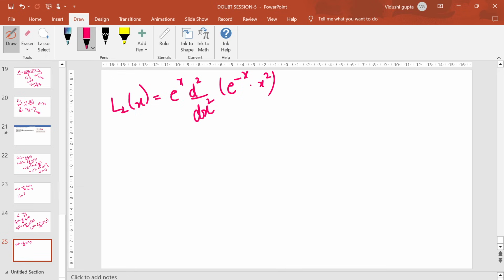For double differentiation, we have to differentiate 2 times. So it will be e^x.